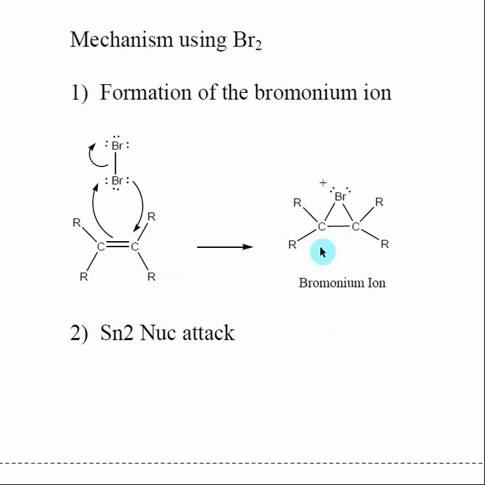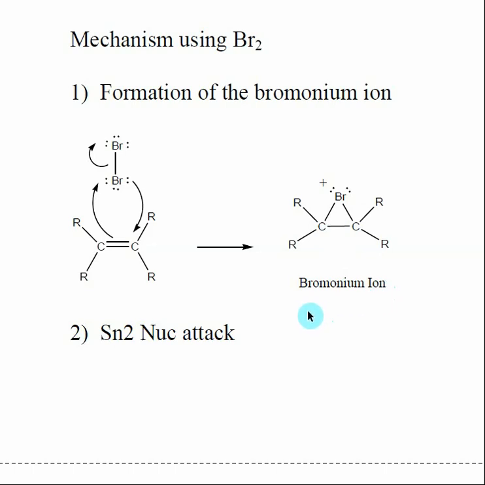I wouldn't particularly have you draw that out, but you need to remember that after the first step, this three-membered intermediate is called the bromonium ion. Sometimes we have named intermediates, and you need to know the name of that.